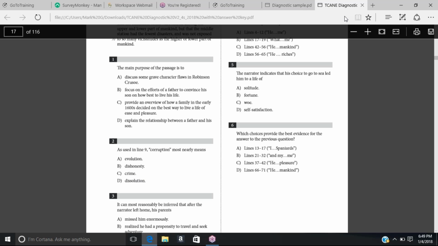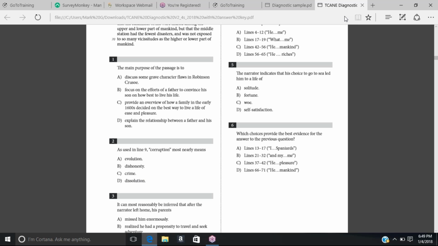We get that again in numbers 5 and 6. SAT saying, the narrator indicates his choice to go to sea led him to a life of. The right answer is woe. Woe is something sad. How did I know that woe was right? I look back, and in lines, looks like 31 and 32, he says, tending directly to the life of misery, which was to befall me.